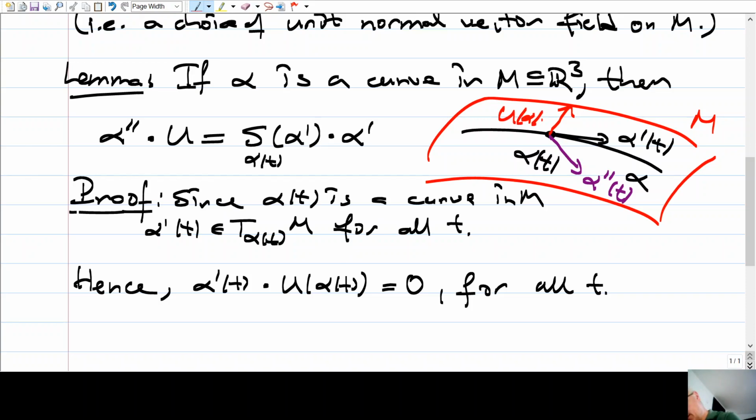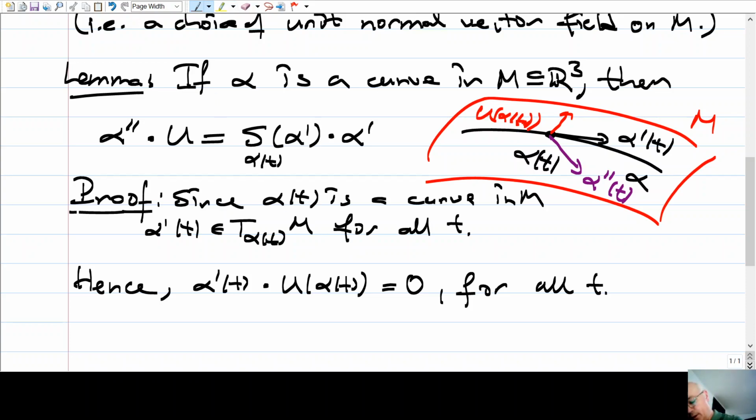So this is the normal vector at the point alpha t, u of alpha t.